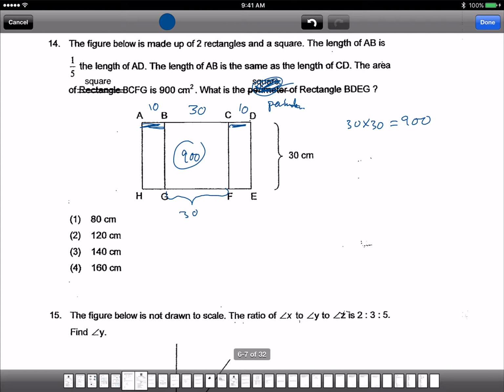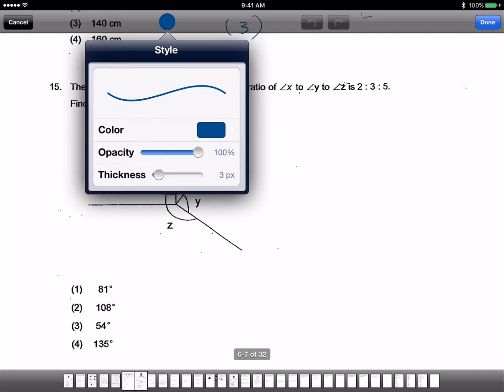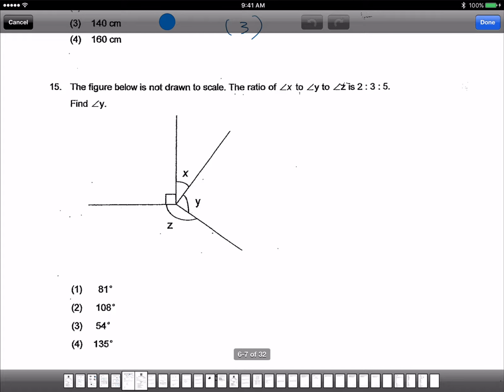So what is the perimeter of rectangle BDEG? Okay, so that's like 30 plus 10 times 2, 80. Then 80 plus 60, right, 40. So answer is 3.